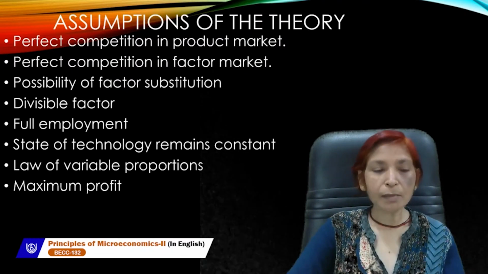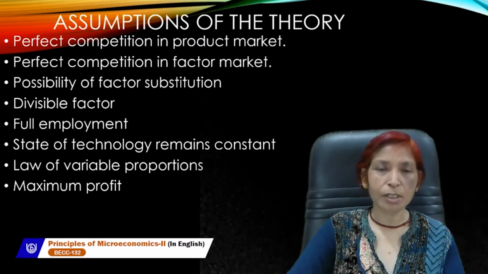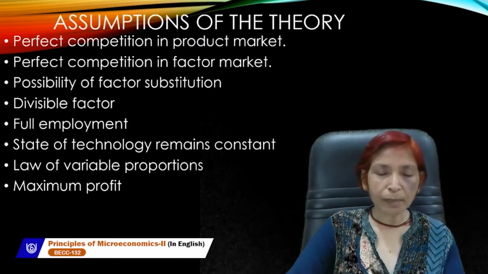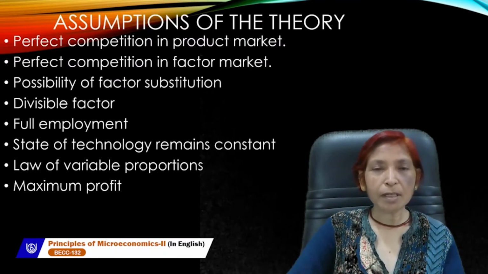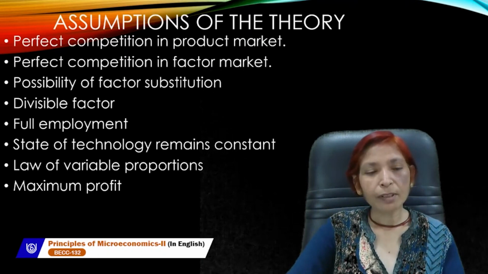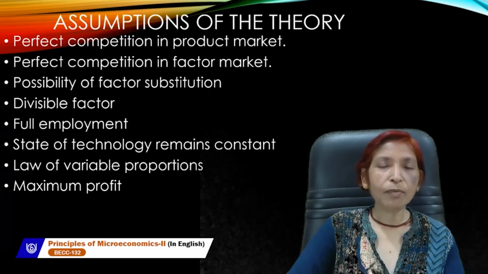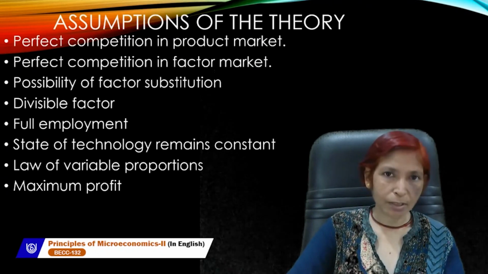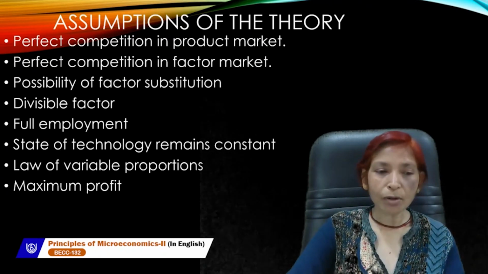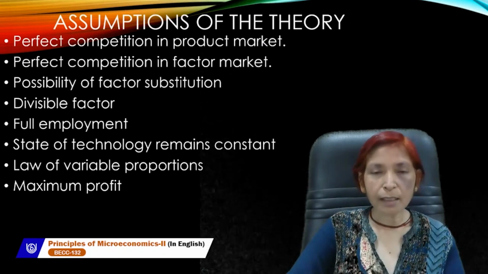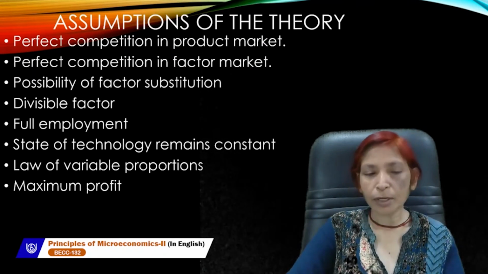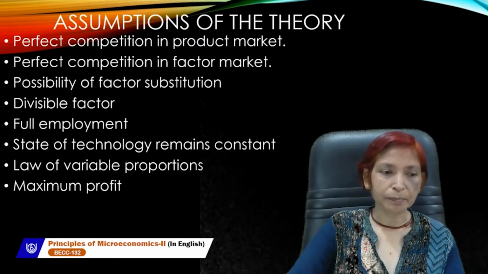Next and last assumption is maximum profit. This theory assumes that maximum profit is the main goal of the firm. As we know, each and every producer wants to gain maximum profit. Maximum profit, or maximum output at the minimum cost, is the main goal of every producer or every firm.